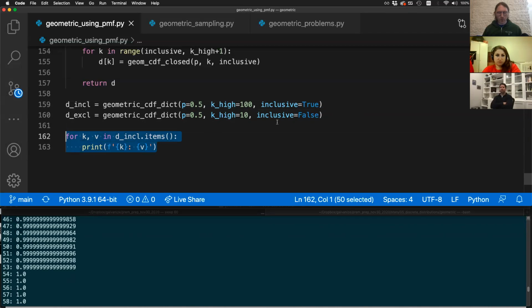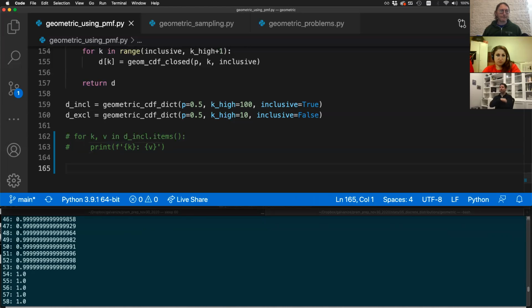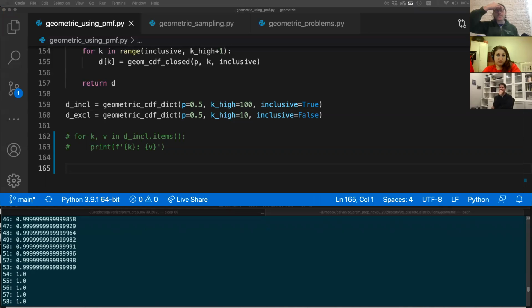It's similar to a Poisson distribution, where there's a theoretical probability associated with an infinite value of k, even though that is very unlikely to happen. Okay. So that's what we're going to talk about in terms of the PMF and CDF for the geometric distribution.